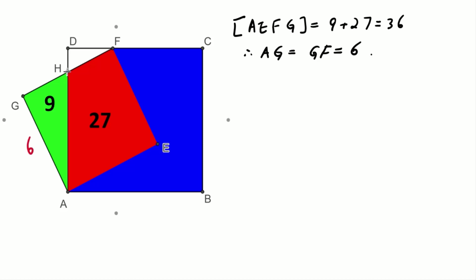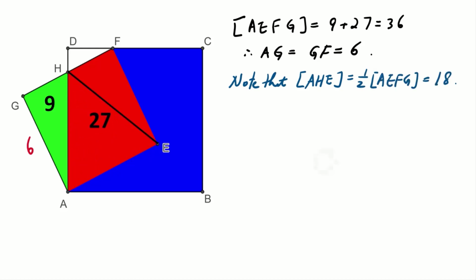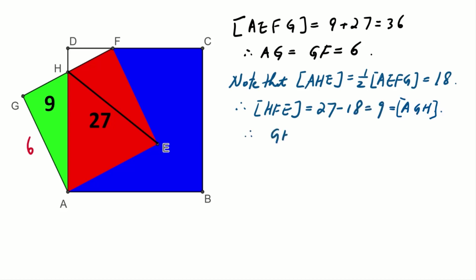Now, considering the area of triangle AHE is half of square AEFG, its area is 18. Consequently, the area of triangle HFE is 9, equal to the area of triangle AGH. Thus, GH equals GF and is 3.